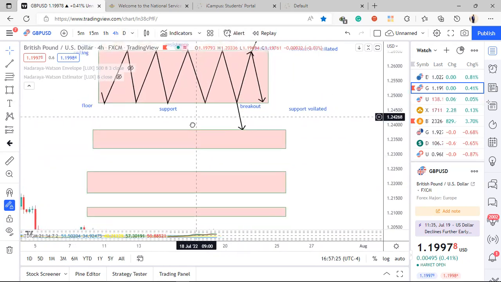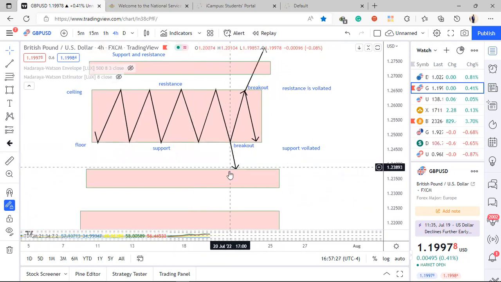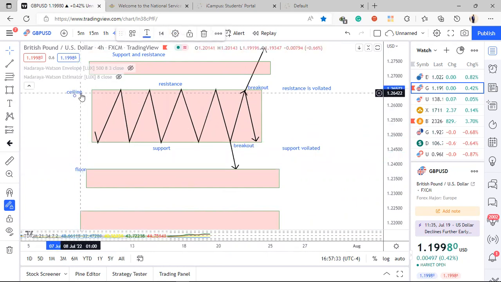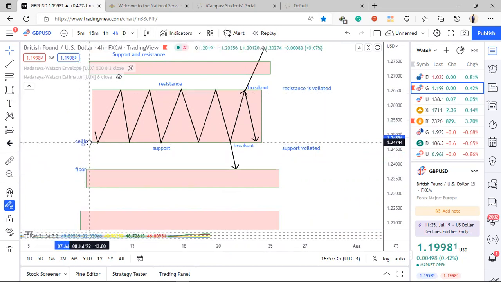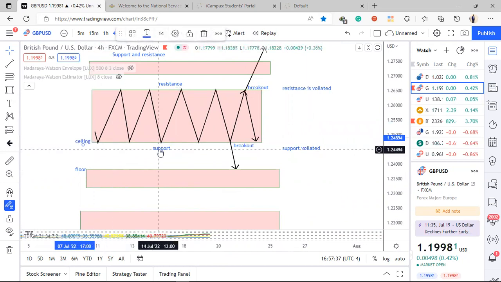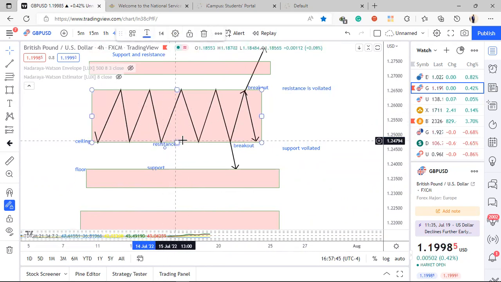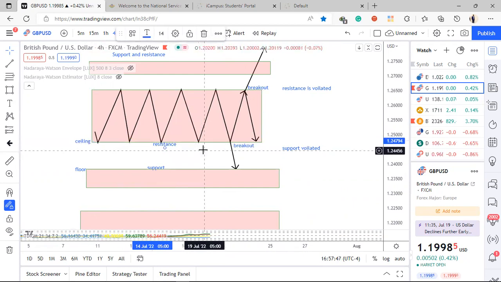So what it means now is that this place becomes your new floor, and this place becomes your new ceiling. This place becomes the new support, and this side becomes the resistance. So the previous support becomes resistance.